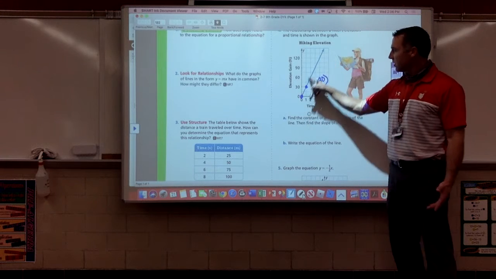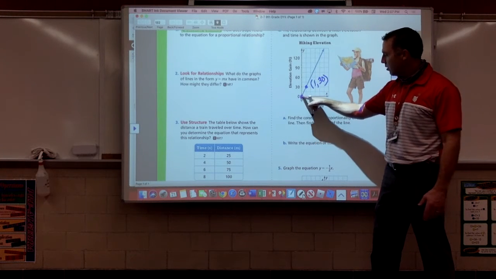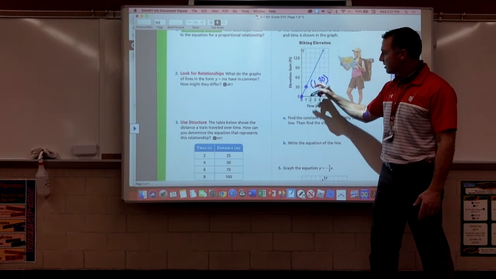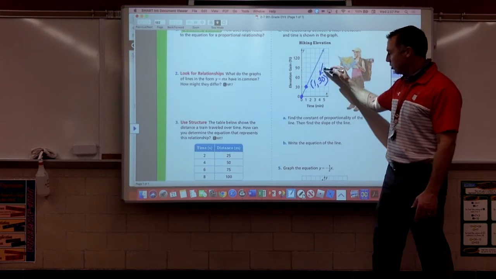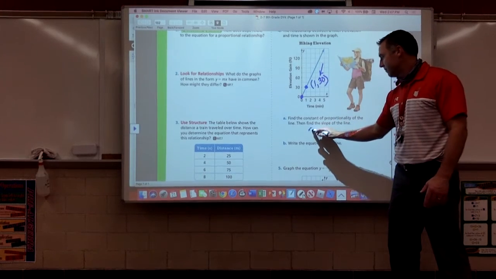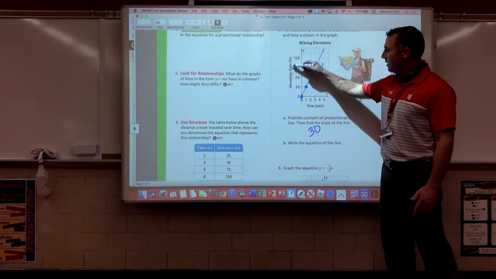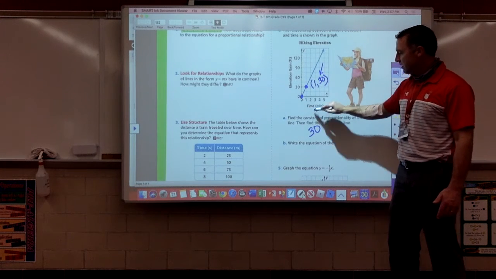In a proportional relationship where the line goes through the point 0, 0, if you go over 1 unit and go up to where that line crosses, that is your unit rate. So our unit rate, slope, or constant of proportionality is 30. That means we are going up 30 feet every 1 minute.